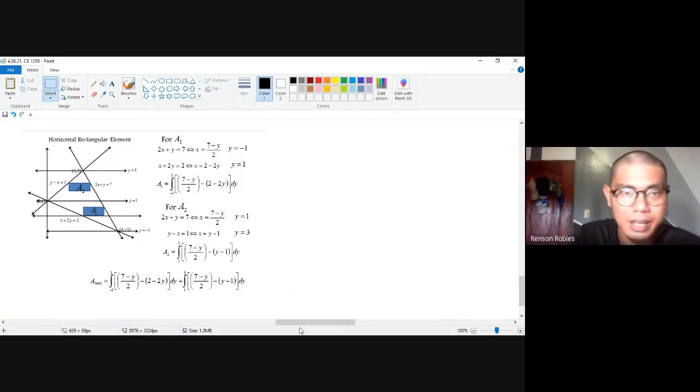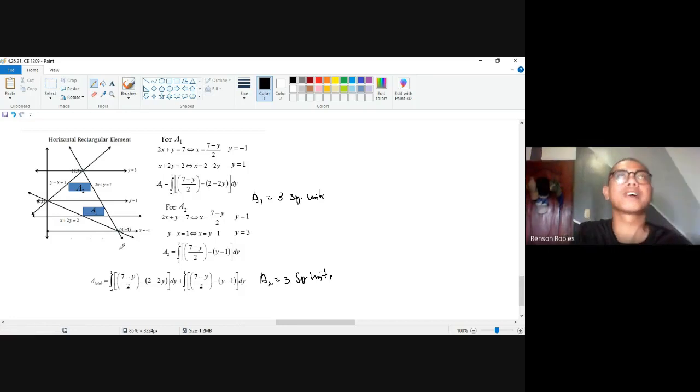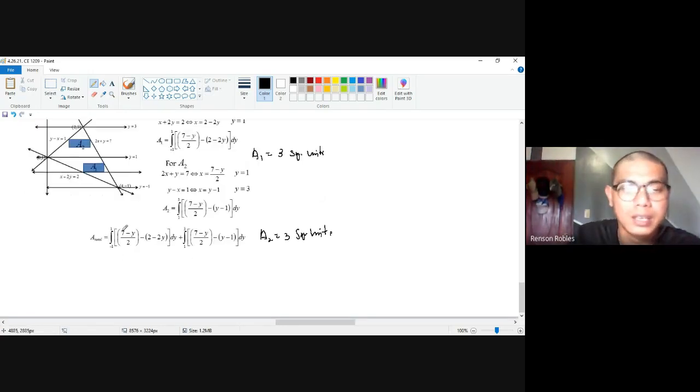Okay, then if I can still remember, ang A1 dito is equal to 3 square units. And ang A2 dito is equal to 3 square units. So, ibig sabihin yan, meron kayong C1 at meron kayong C2. Okay?